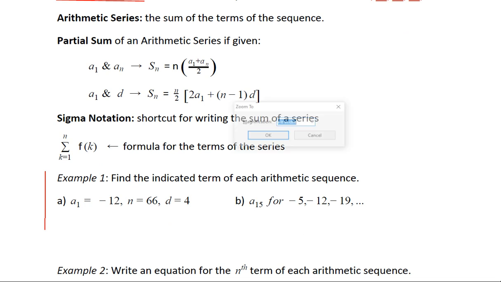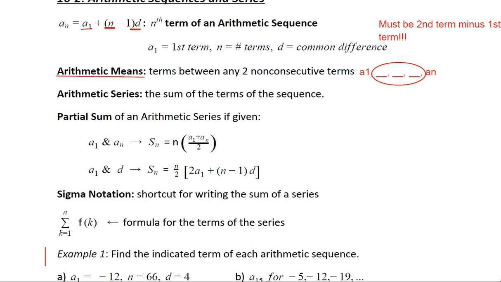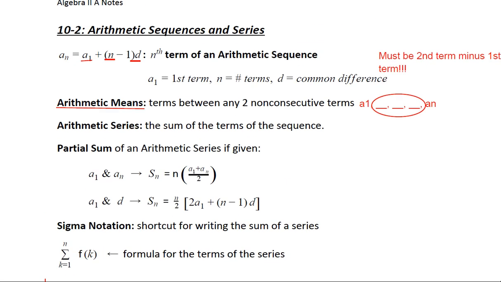So those are your arithmetic means. From arithmetic series down to sigma notation is in the second video. So we're going to ignore those for now. For the first half here, we're going to be using this equation: A sub n equals A sub 1 plus n minus 1 times D.